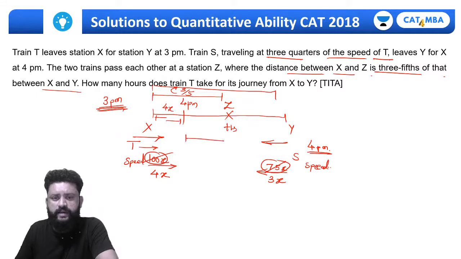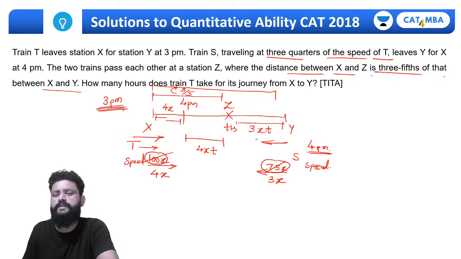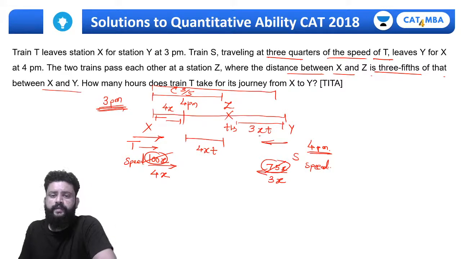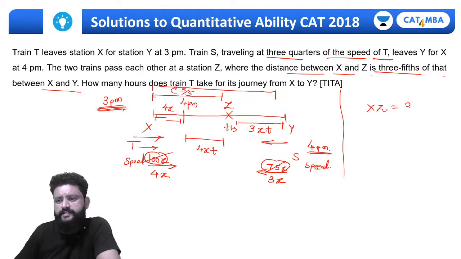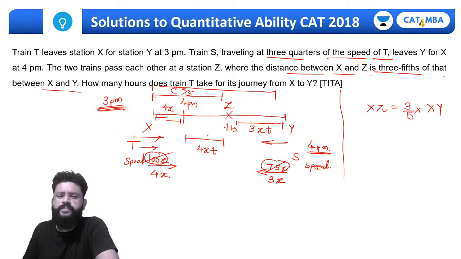तो इस ट्रेन ने 4 बजे के बाद कितना डिस्टेंस ट्रैवल किया होगा, 4xt, that is speed into time, and the distance traveled by the second train will be 3xt if they meet after t hours after 4 p.m. So the distance xz is 3/5 of the distance xy. Here also speed into time, because both started at 4 p.m., so दोनों का time travel same होगा.